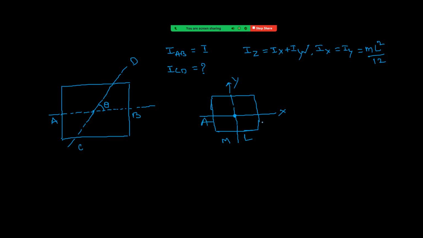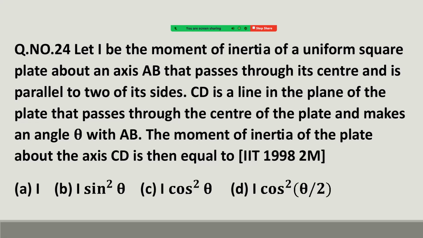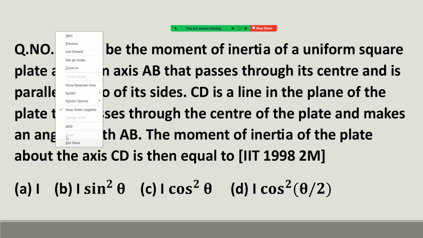Take x as AB and rotate this x-axis by angle theta. Now CD becomes the x-axis and the normal to CD becomes the y-axis. Again the same result, so about CD also it is I only. It does not depend on angle theta. This is the result we discussed in question number 21. So the answer is option A.